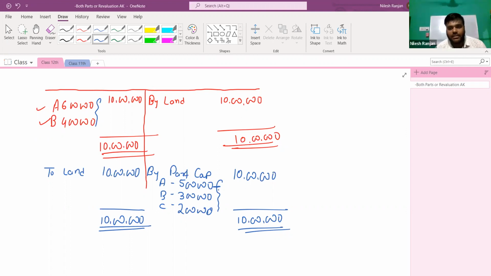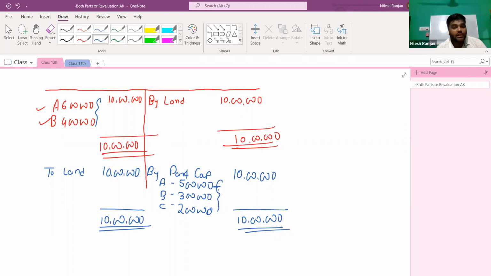And same with B. B is getting 4 lakh as profit and 3 lakh as loss, so 1 lakh is profit. And C is getting nothing in profit and C is getting 2 lakh in loss. So it is a loss for partner C.